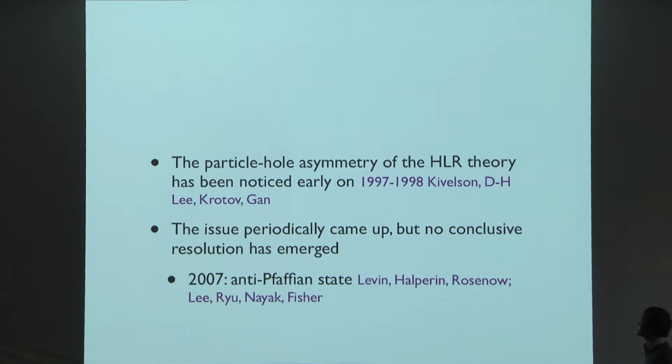For example, in 2007, Michael Levin and collaborators, and also another group, found the anti-Pfaffian state by thinking very carefully about how the Pfaffian state transformed under particle-hole symmetry. And actually, these are the papers that made me start thinking about particle-hole symmetry in the quantum Hall effect.